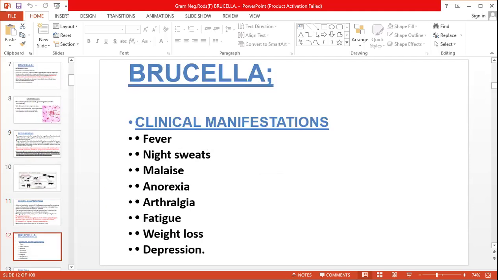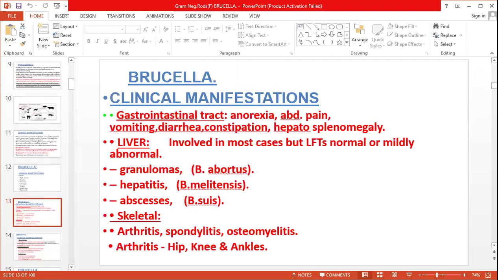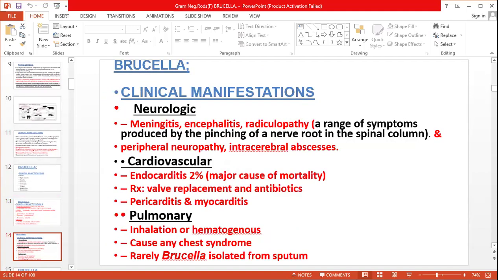Other clinical manifestations are fever, night sweats, malaise, anorexia, lethargy, joint pain, fatigue, weight loss, and depression. The neurological findings may be meningitis, encephalitis, radiculopathy, peripheral neuropathy, and intracerebral abscess.